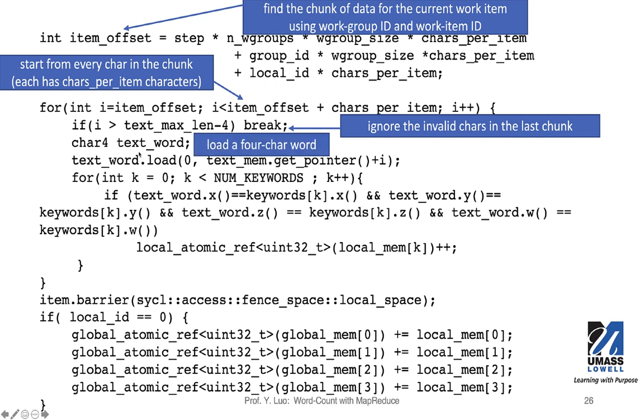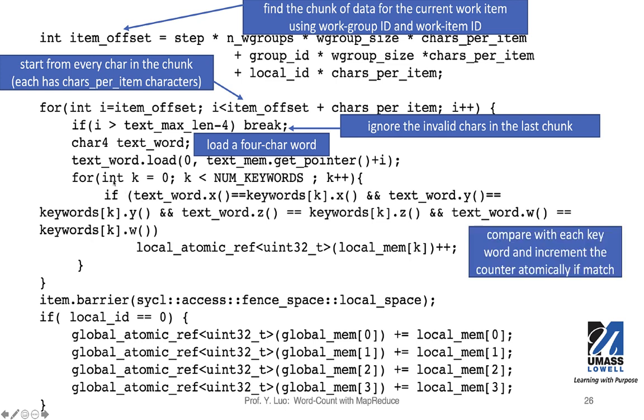The next two lines load a 4-character word, because all the keywords we want to compare are 4-character words. So we're going to load 4-character words from the assigned data chunk in the text file, and we use this text word load, supply the starting pointer of the text data, and then plus this offset.